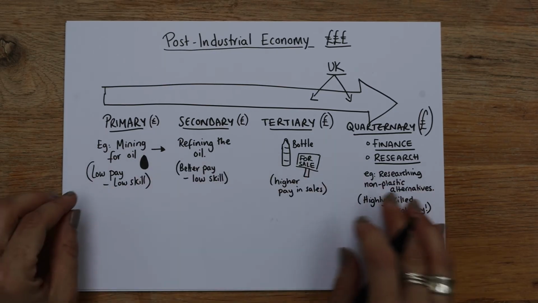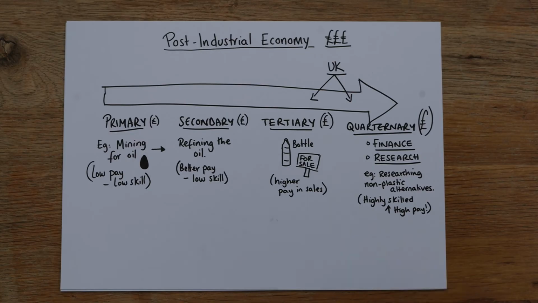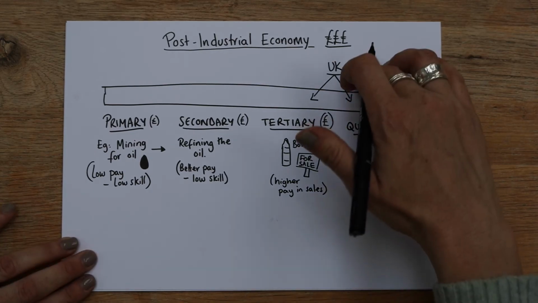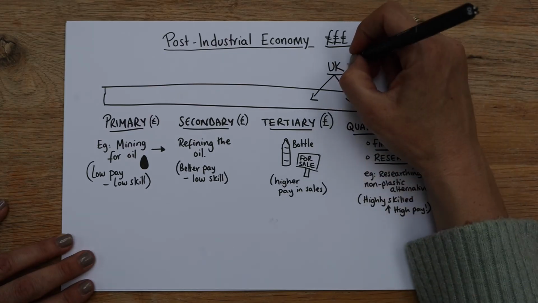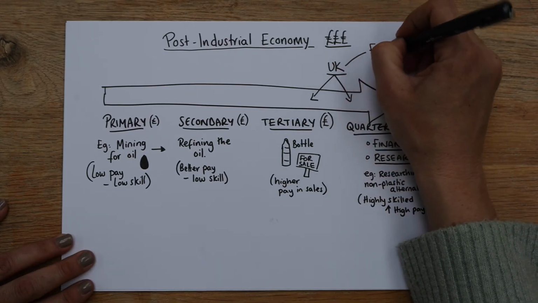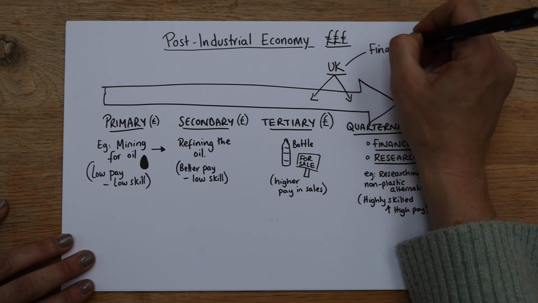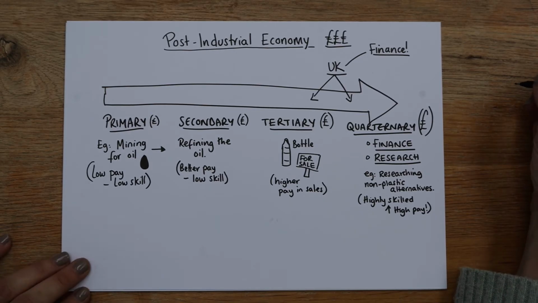And they're not all about oil and bottles and research, but in fact, we've got the UK, haven't we? Let's put it into some case studies. So the UK is currently making a lot of its money from finance, like I mentioned. This really started around the 1980s. But the finance sector, particularly London, is huge.